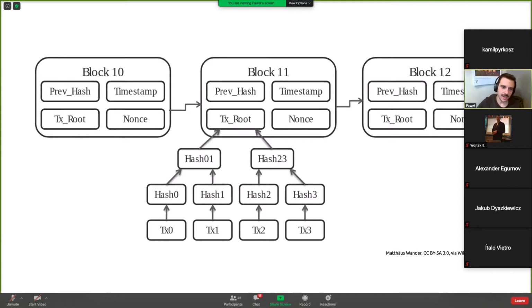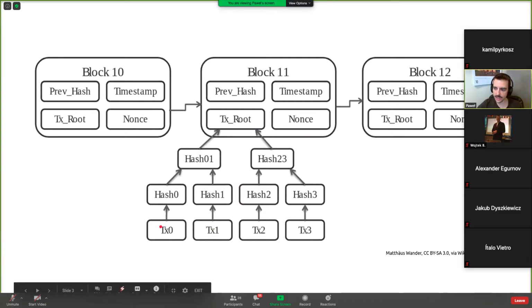And on this slide, as you can see, this is an example of a part of a blockchain. So each block has transactions inside, which are hashed and rooted in a single hash that allows us to easily verify that none of the transactions inside here were changed.